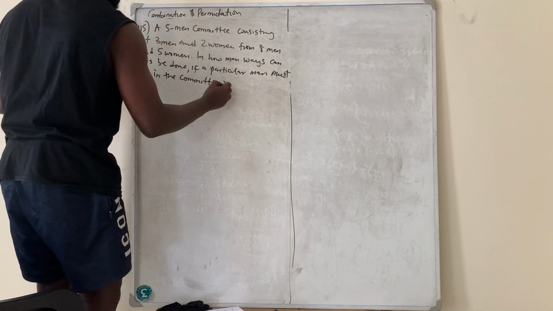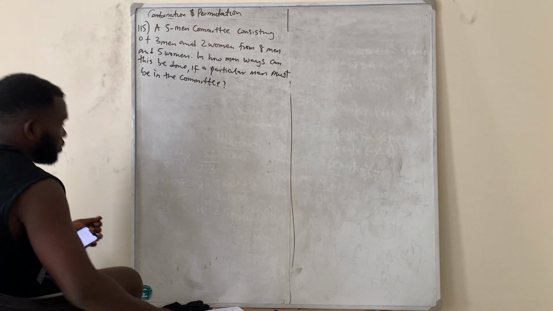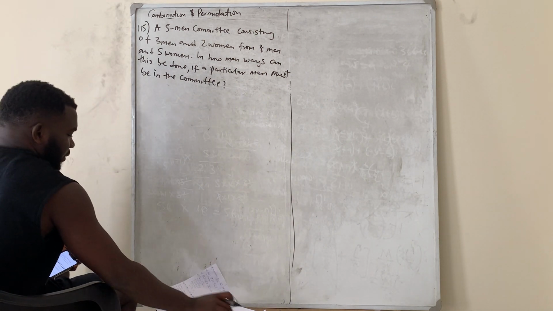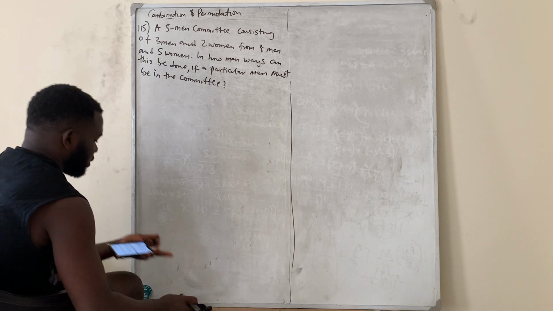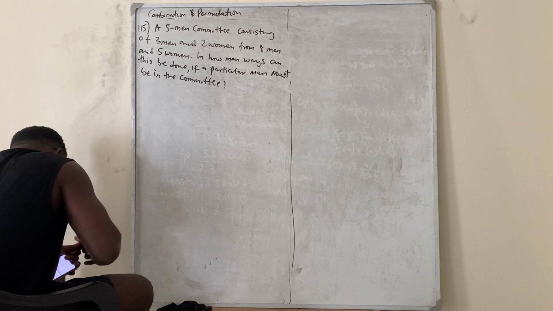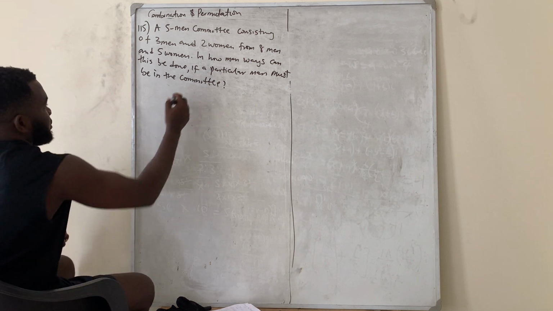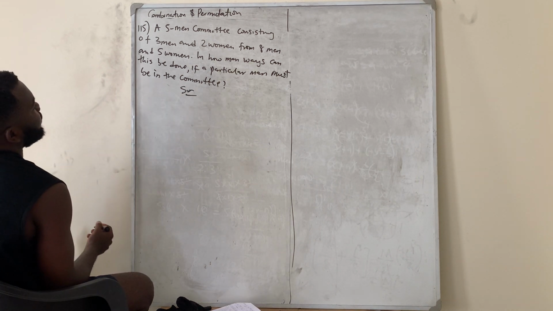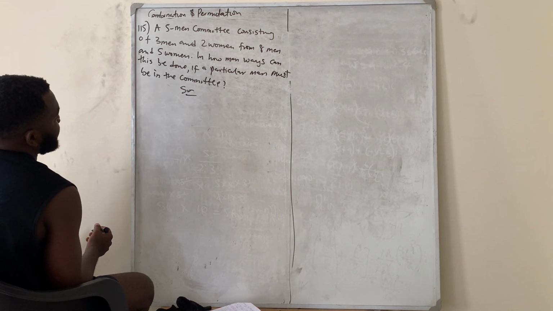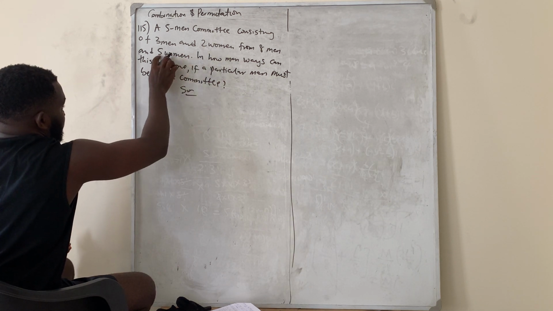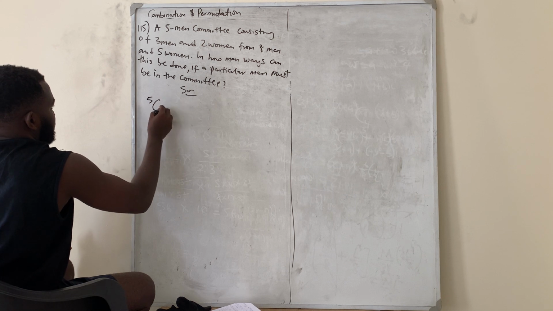Now, this question is very, very simple. So what do you do when you have a restriction? We are going to say solution. For the women, we are selecting two women out of 5, so 5 combination 2.